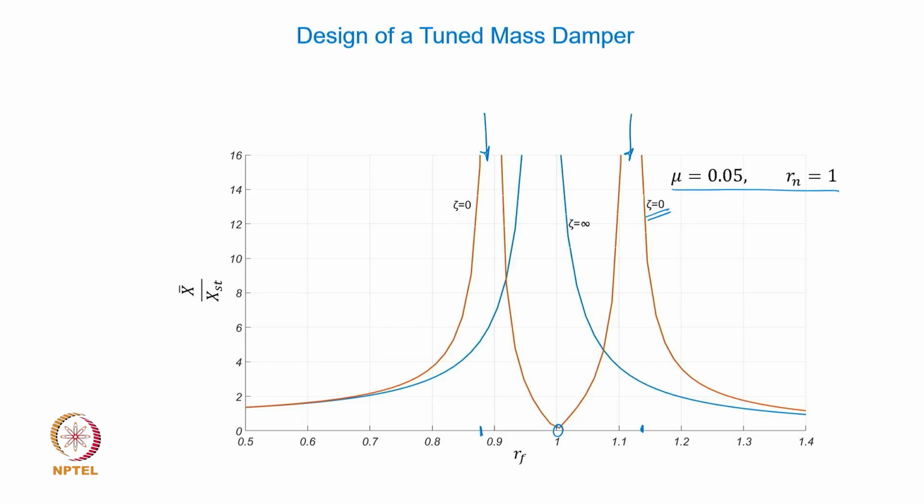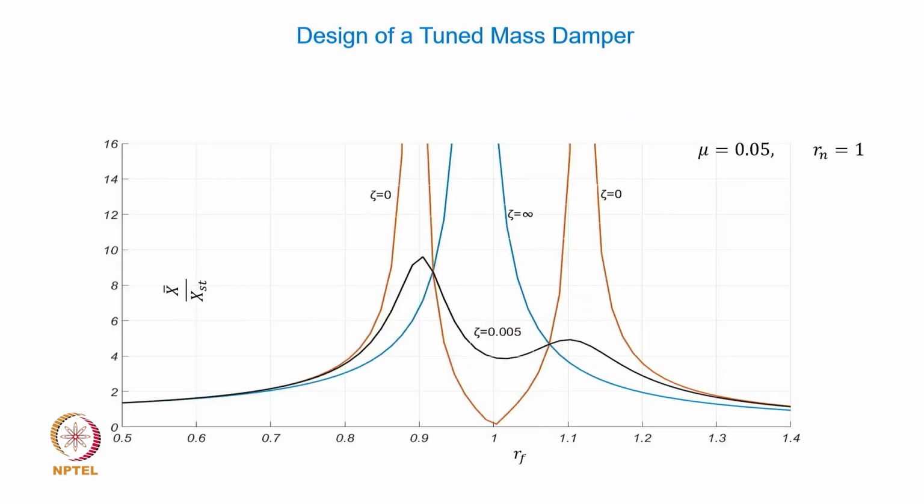Now if I take an intermediate value of zeta, not towards one extreme of 0 or at the other extreme of infinity, 0.05 I have taken here, right? So what happens? A small value of zeta, obviously from mathematically infinite amplitude, reduces the amplitude at these two resonances.